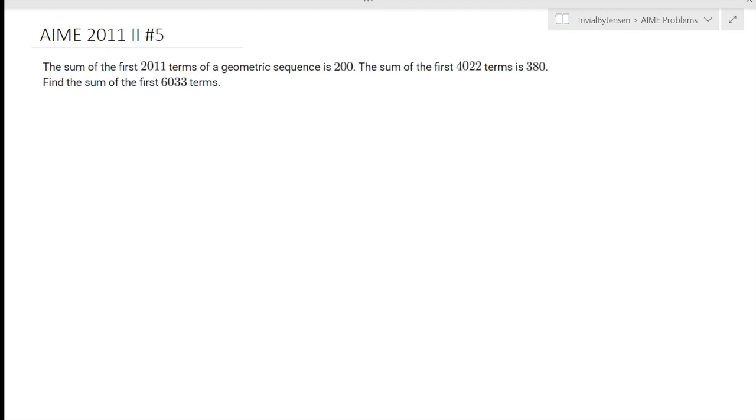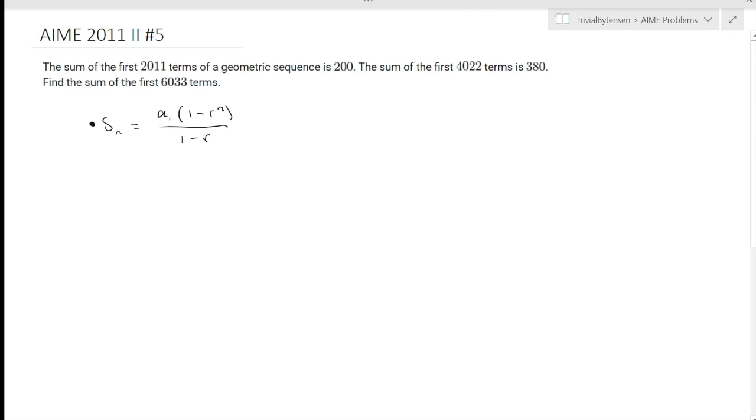So I'm just going to use the formula for the sum of the first n terms of a geometric sequence. That formula is S sub n, the nth partial sum, equals the first term, which I'll call a1, times 1 minus r to the n over 1 minus r, where r is the common ratio.